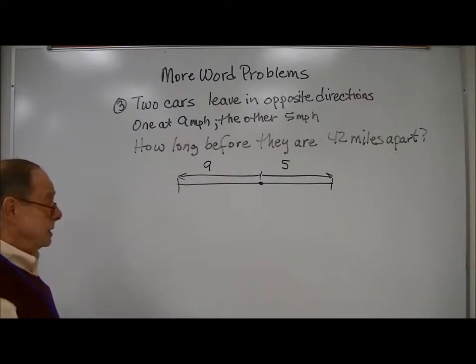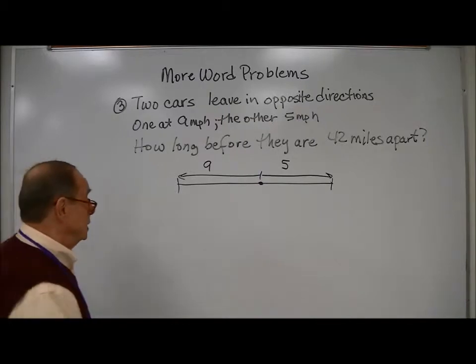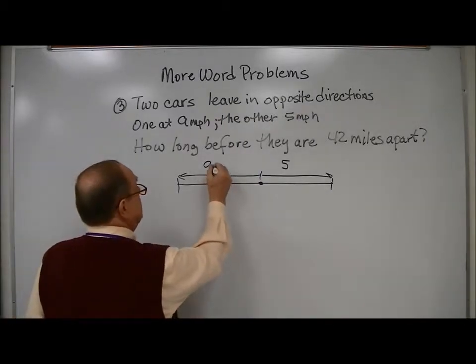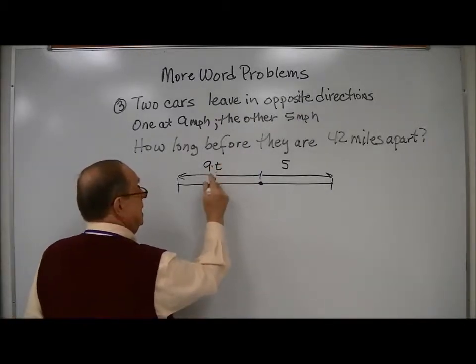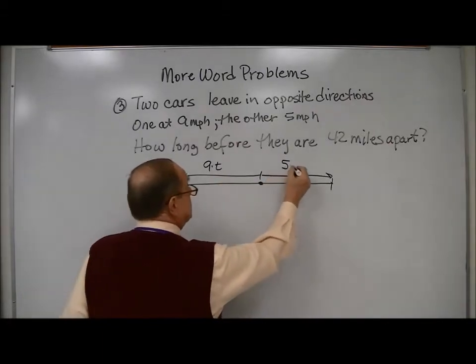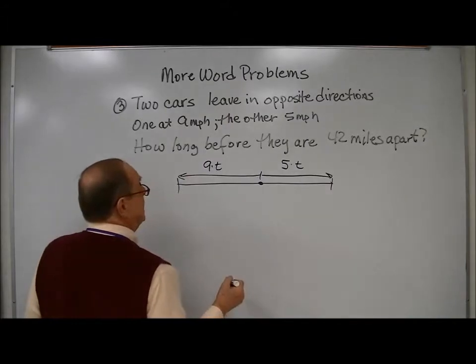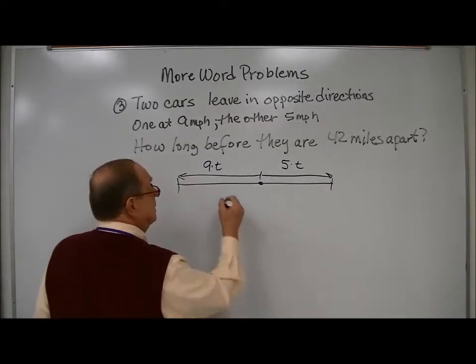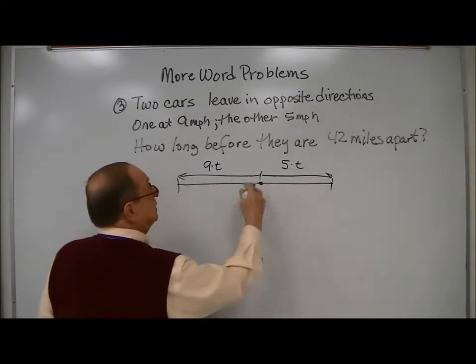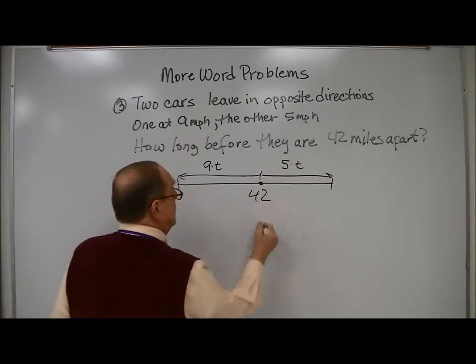And the time is going to be the same, actually. So this is going to be 9 times the time, and this will be 5 times the time. And we know at the end they're going to be 42 miles apart.